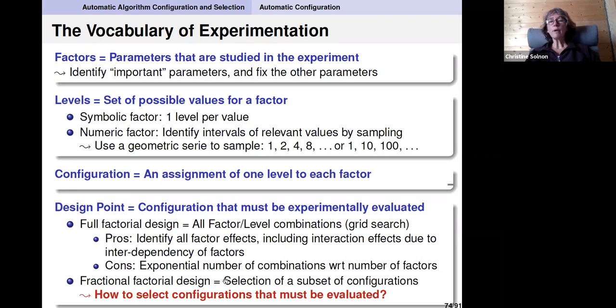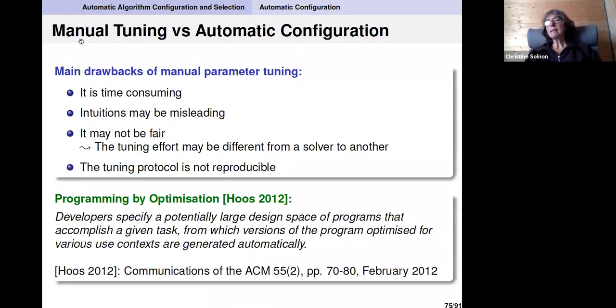And now we have to select a subset of configurations that will be evaluated in order to choose the best one. So in many cases, we do this manually, and this is called manual parameter tuning. But if we do this manually, we have several drawbacks.